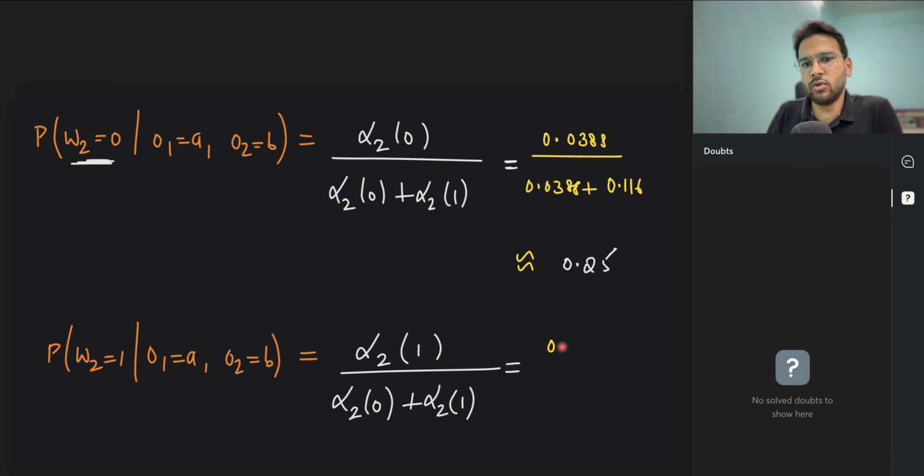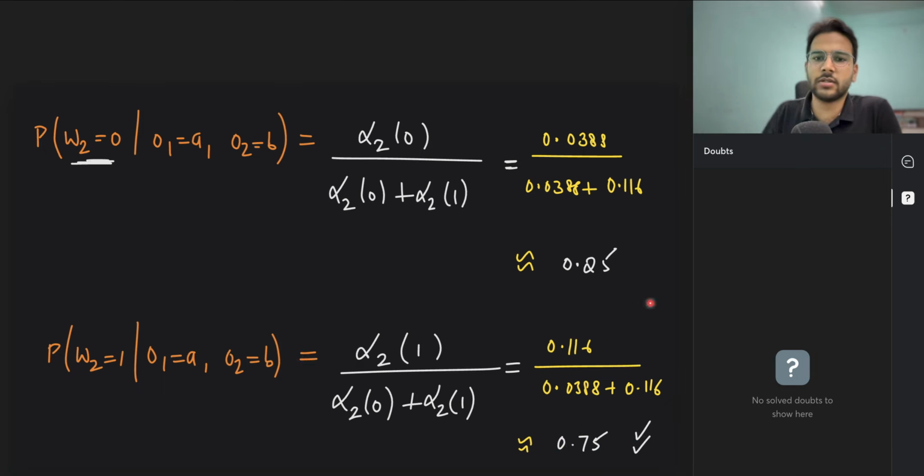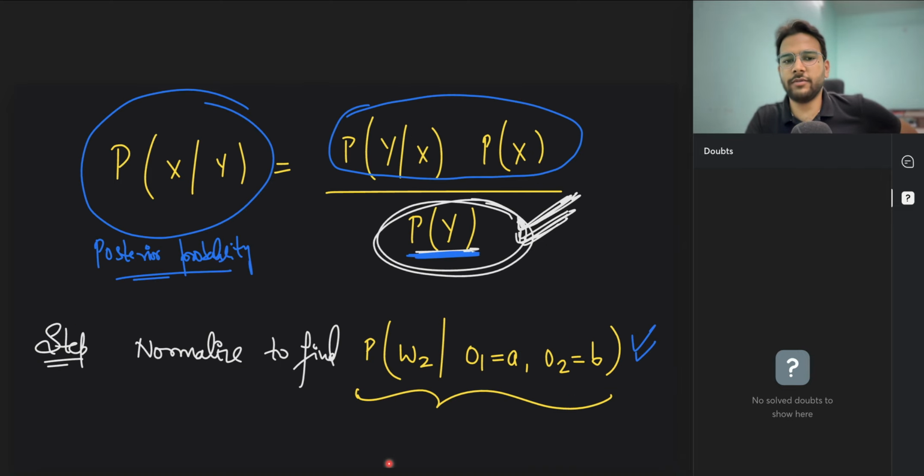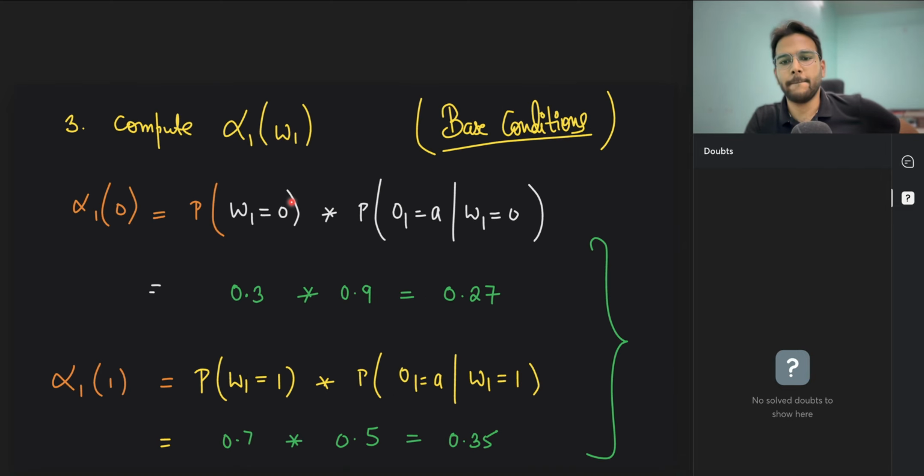So this value will be 0.116 divided by 0.0388 plus 0.116, and that will come out as, obviously, 1 minus 0.25, so 0.75, and that is your answer. Is this clear? Do you have any doubt? This is the complete solution of this question.